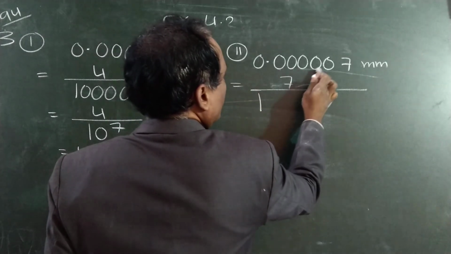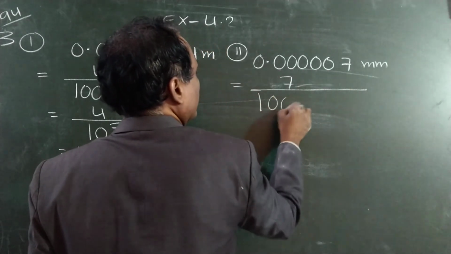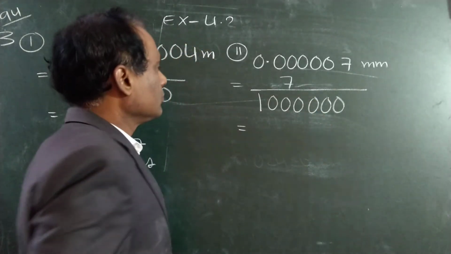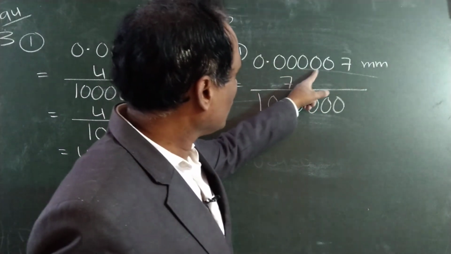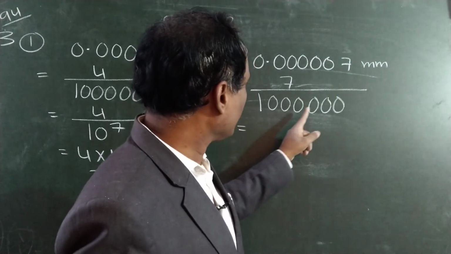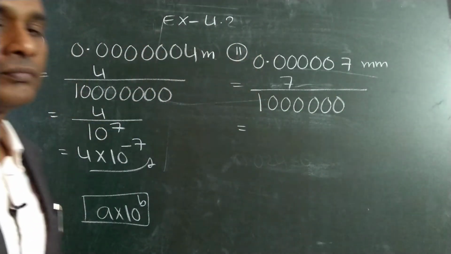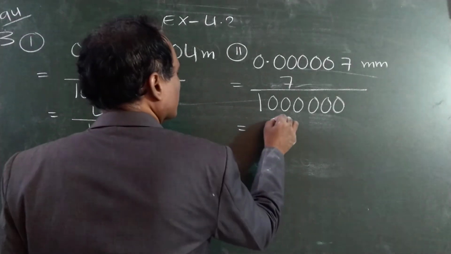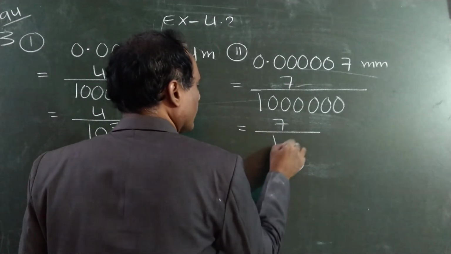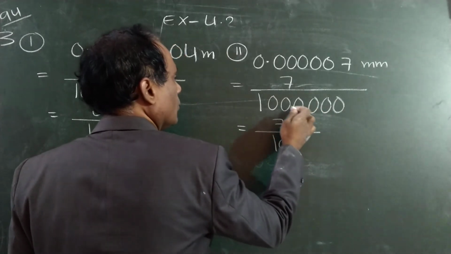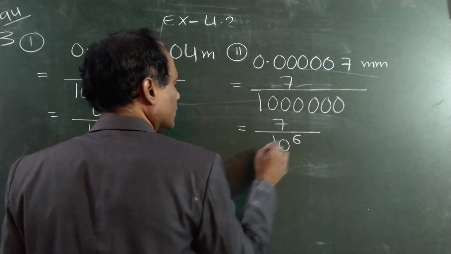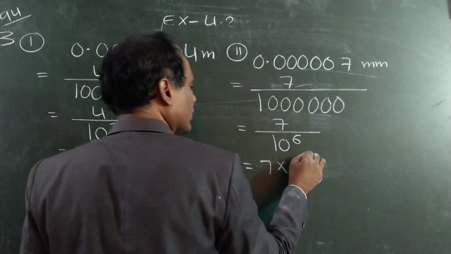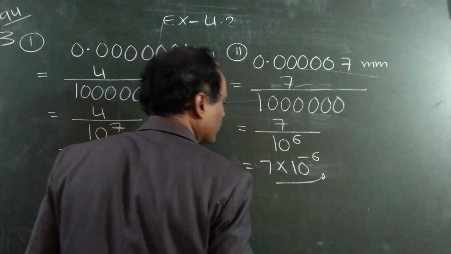1, 2, 3, 4, 5, 6 digits, 6 zeros. 10 to the power of 6 into the numerator, 10 to the power of minus 6.